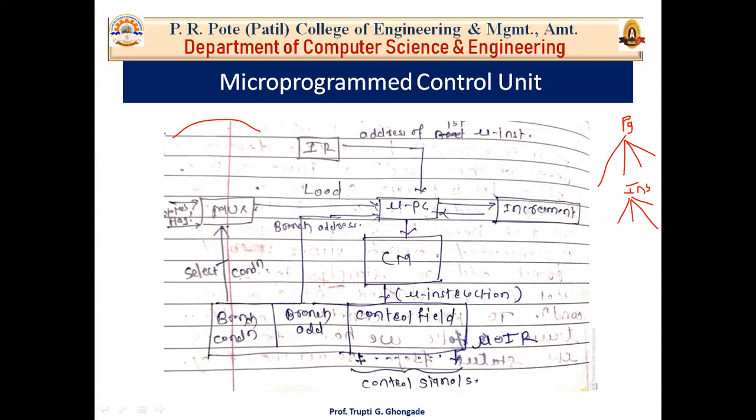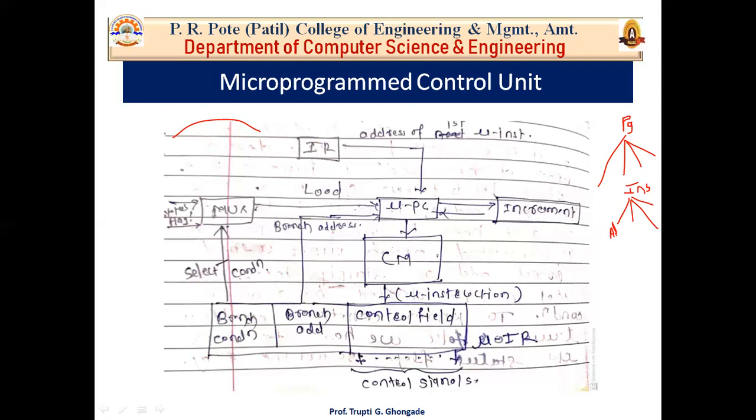For instruction 1, we have to perform addition, after that store the result in another register, and after that perform subtraction on that result. These small operations are called micro operations, and to perform them you need to produce control signals. As I told you, without generating control signals we can't perform any operation on an instruction.